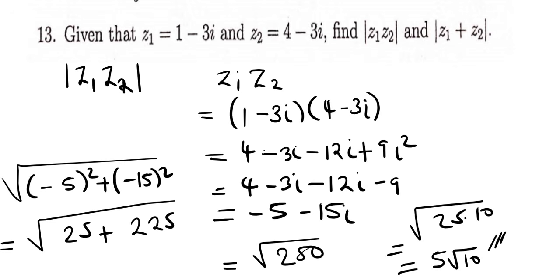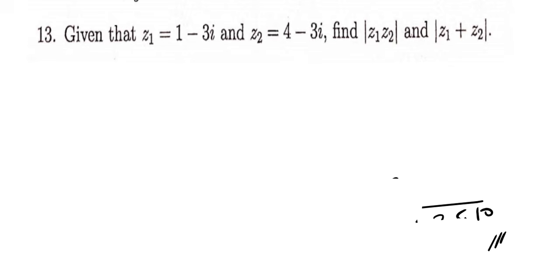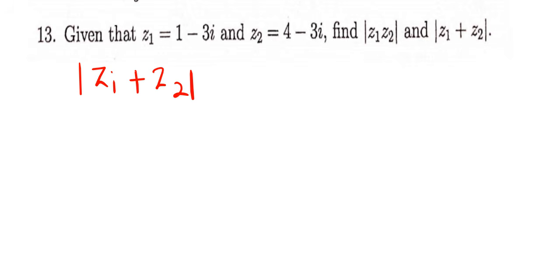Then for the last one, let's solve the last one. The last one we're adding. So for the last one we've got z1 plus z2. You're just replacing.